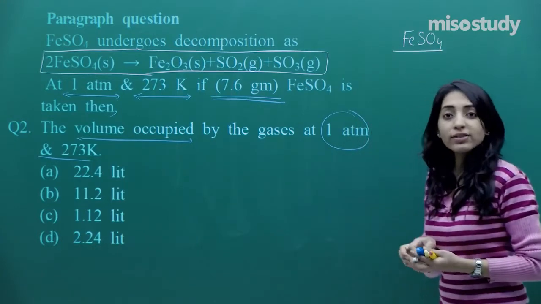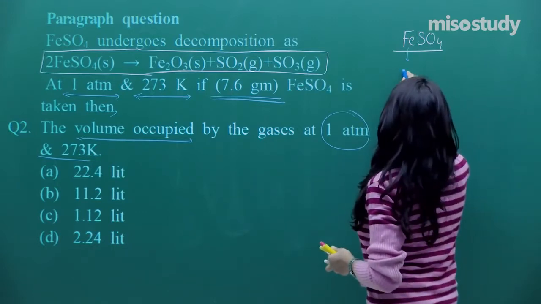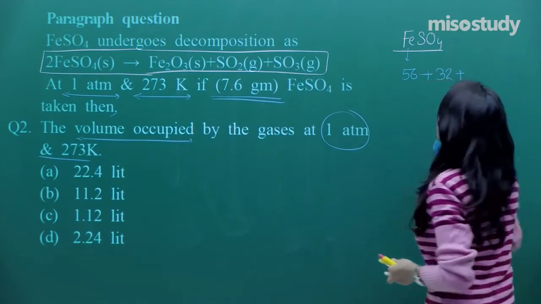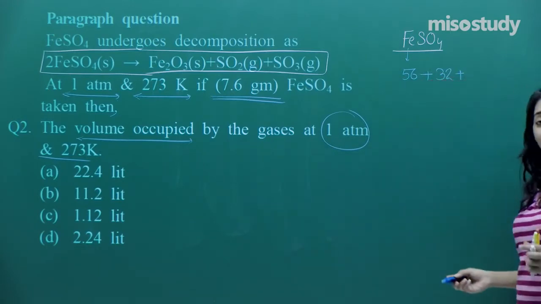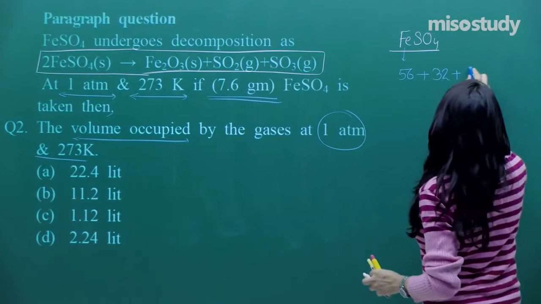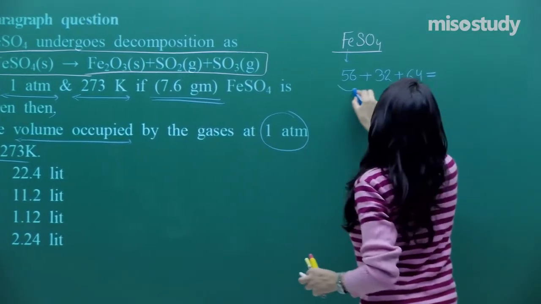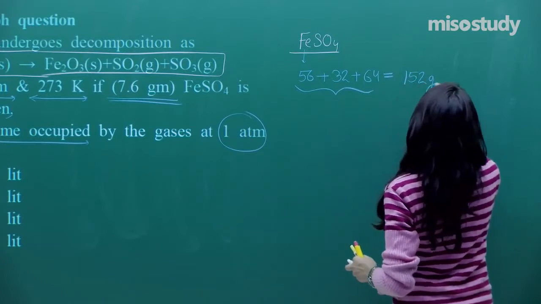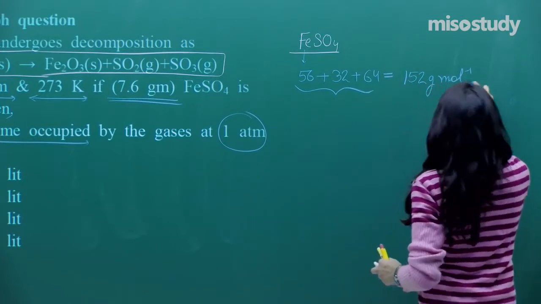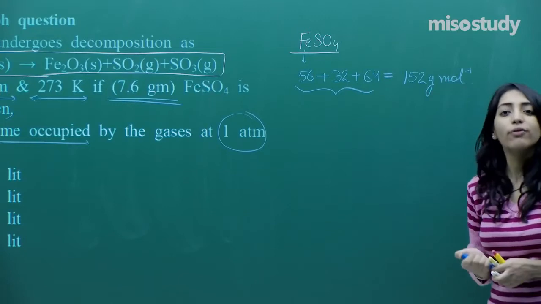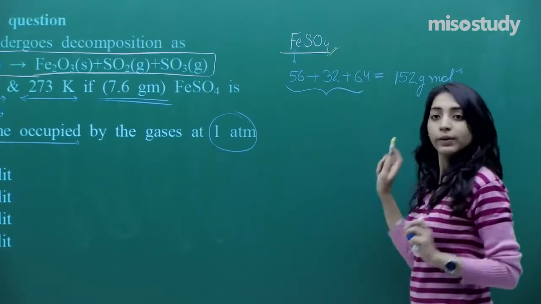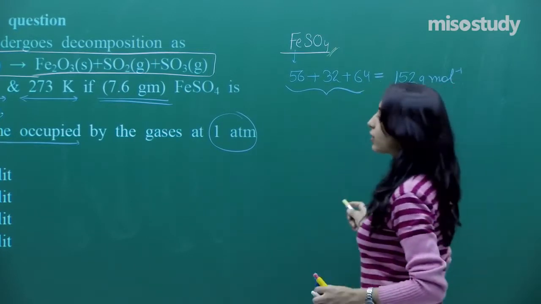If you talk about FeSO4, it contains iron with atomic mass 56 plus sulfur with atomic mass 32 plus oxygen with atomic mass 16. So 4 multiplied by 16, which is 64. If you do the calculation, the answer comes out to be 152 grams per mole. Okay, so finally we have got what is the molar mass of FeSO4. Right? Now let us do the calculation.